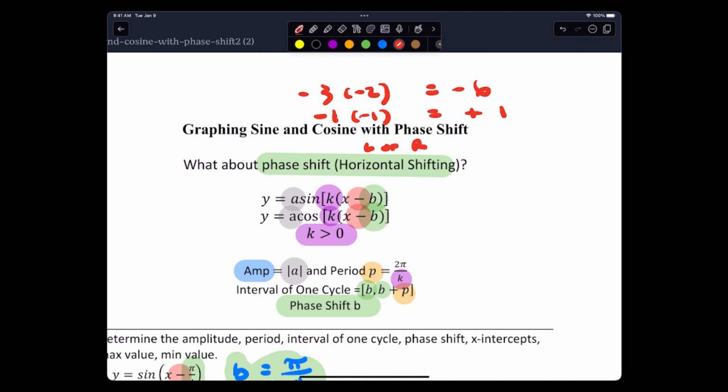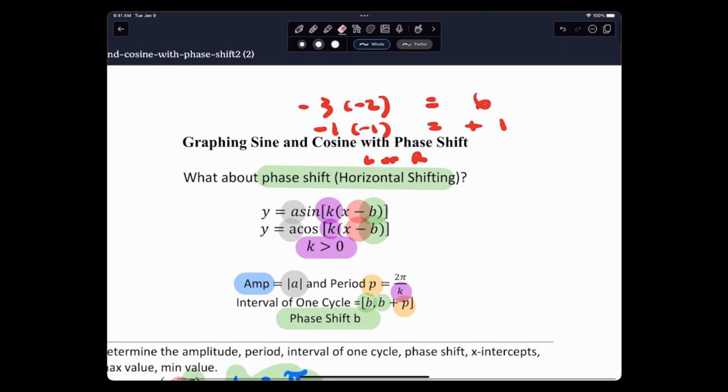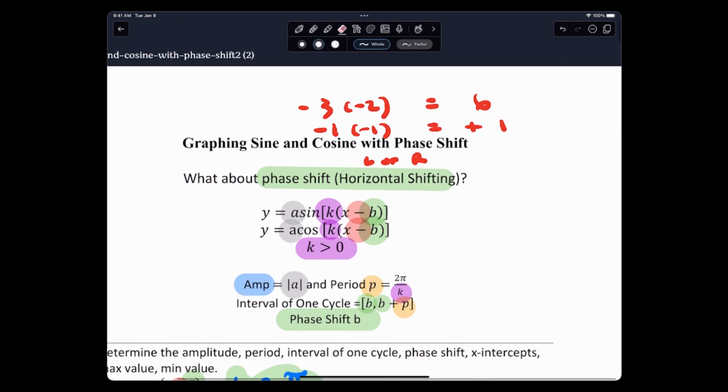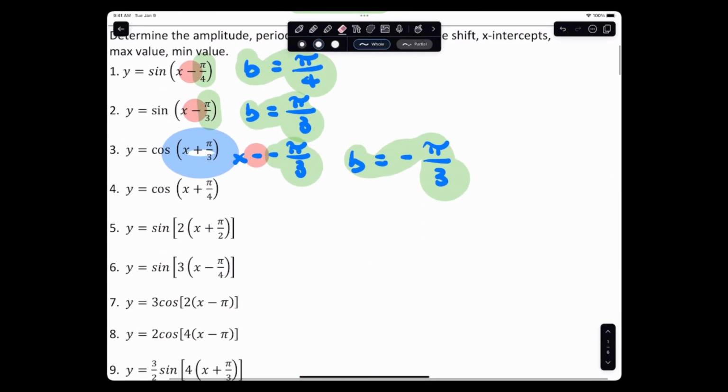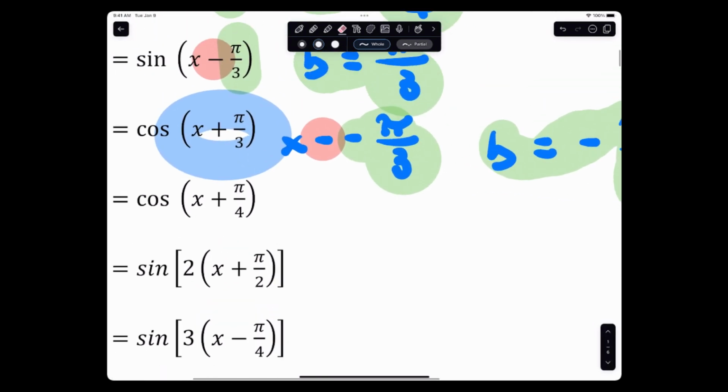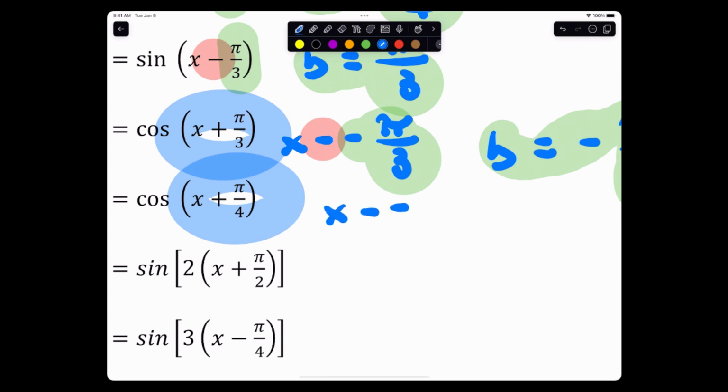Is that true? Because the minus is, sorry, that's not negative 6. It's positive 6. So negative 3 times negative 2 is positive 6. Negative 1 times negative 1 is positive 1. Minus the minus makes this a nice what? Plus. And that's what's happening, okay? So you can get the phase shift when there's an addition sign here. And you say, well, how do I get that phase shift again? Well, write this as x minus a negative what?